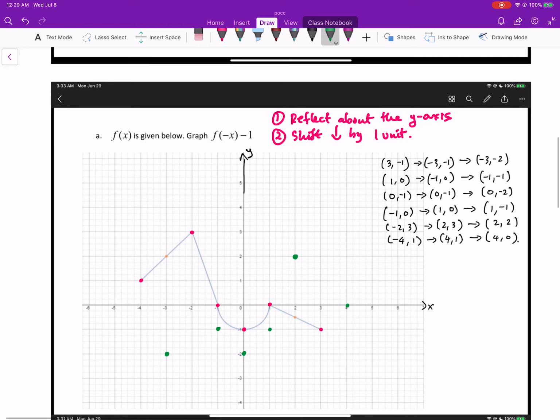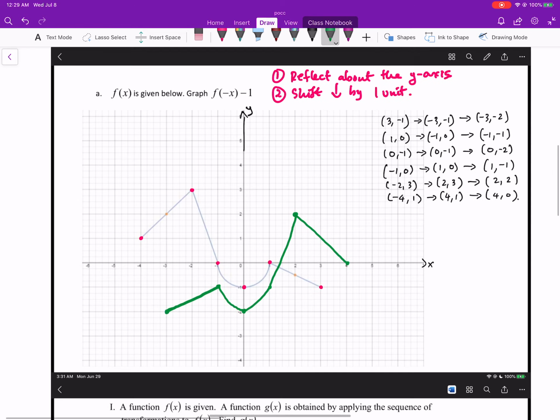So it looks like it went this way. That way. And that way.